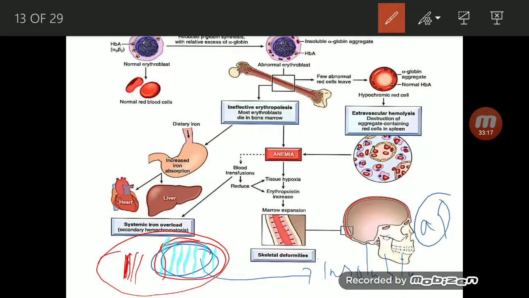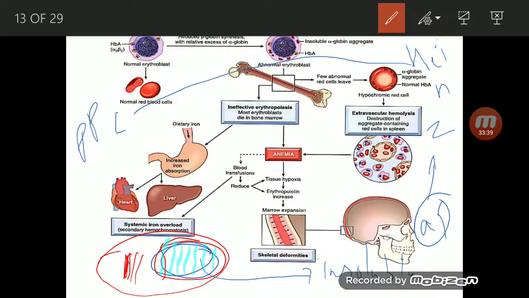They combine together and are insoluble in nature, so they aggregate together. These insoluble aggregates are known as Heinz body, H-E-I-N-Z, Heinz body. And these insoluble aggregates precipitate in your RBC. So this precipitation will damage the membrane of your RBC, due to which the lifespan of your RBC decreases.